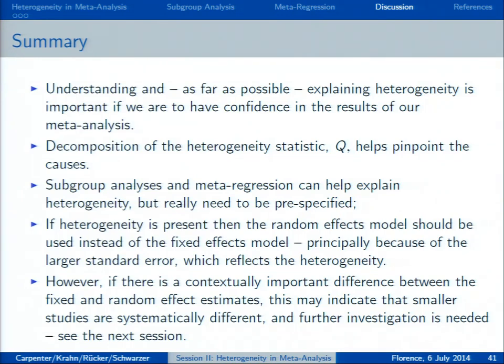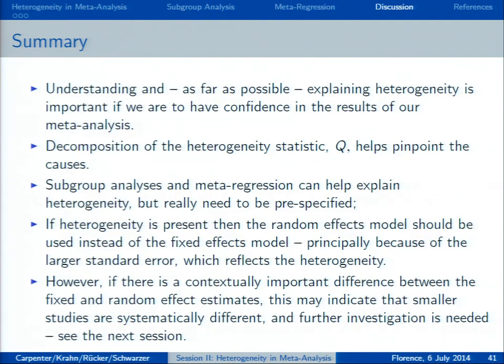So because we know the mean and the variance from each of the studies in our meta-analysis, we can look at a heterogeneity statistic Q. We can see if there's more heterogeneity than we'd expect under the fixed effects model, and then we can pinpoint the causes of that heterogeneity by decomposing Q and understanding how heterogeneity is spread between subgroups and within subgroups.